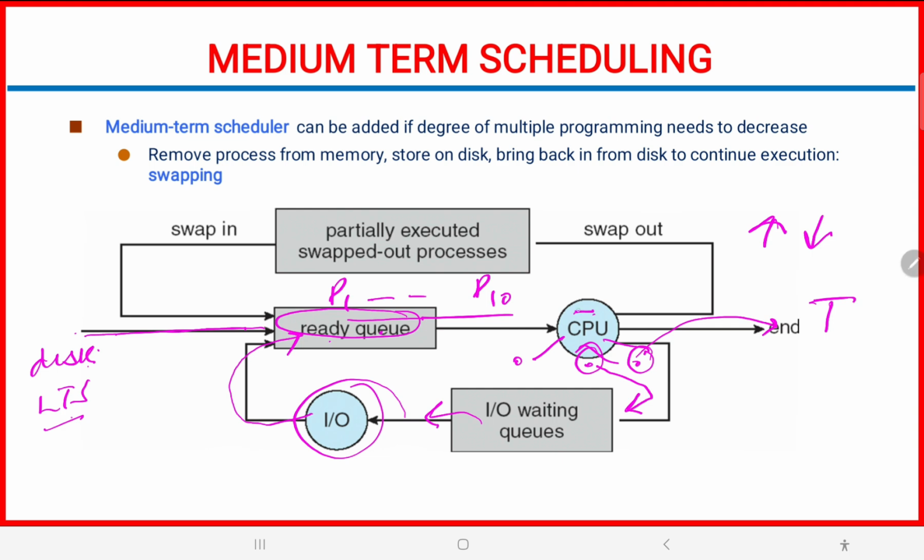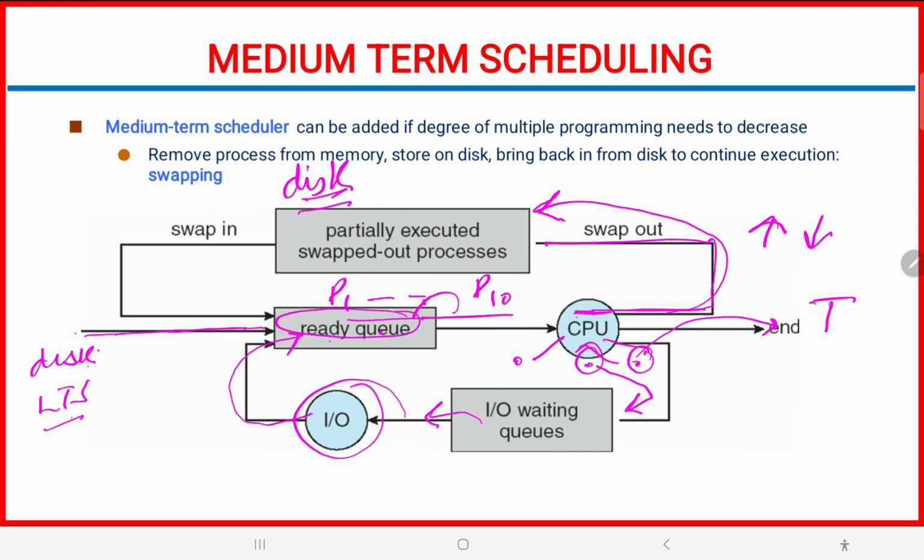In that case, the process is swapped out from the active contention of memory. I say partially executed because some part of the process is executed, so this partially executed process is swapped out and stored on the disk.